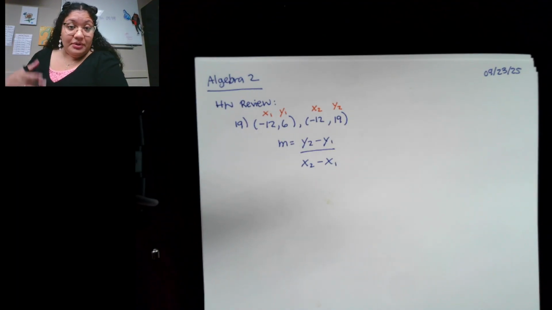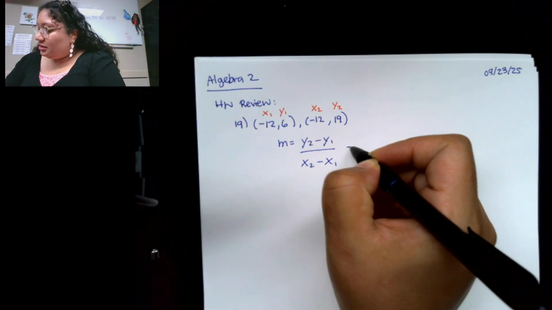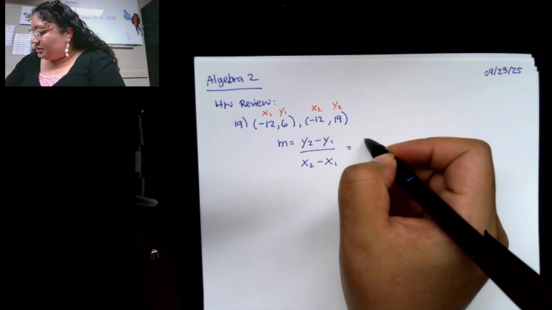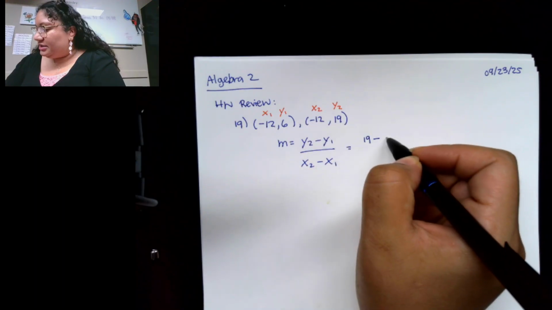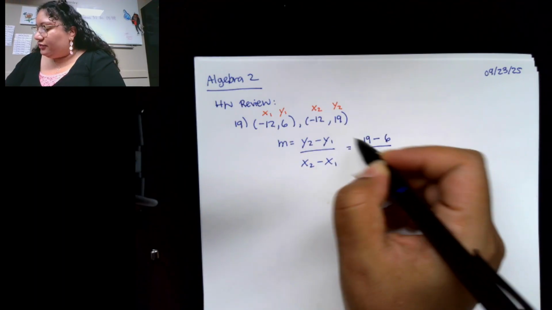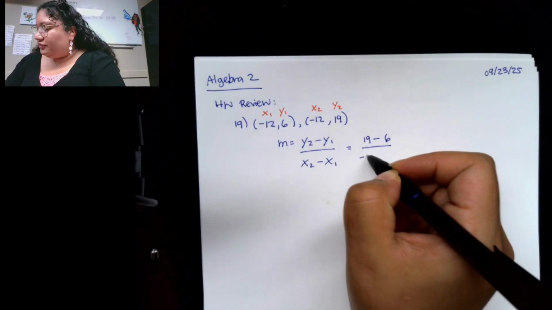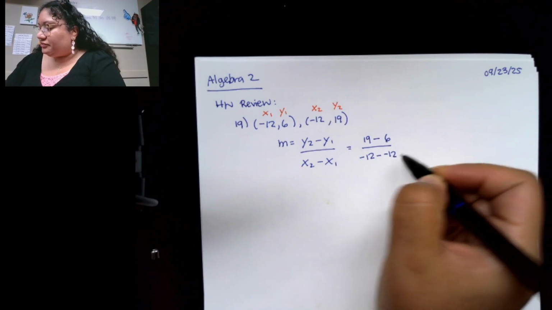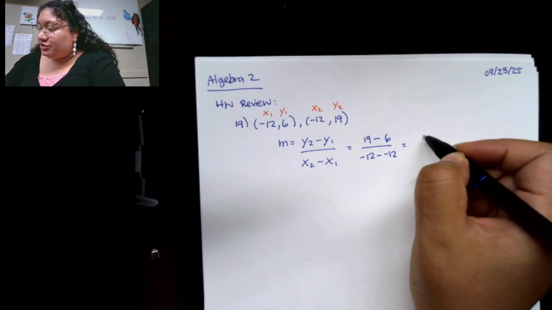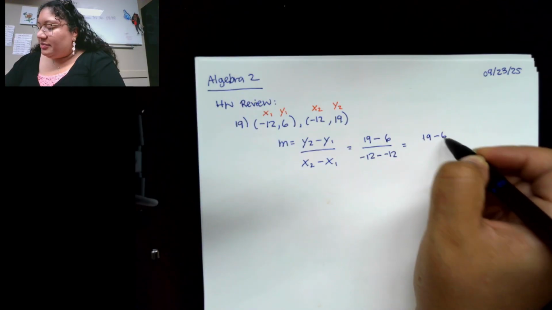Awesome. From here, let's just plug in. So y2 is 19. y1 is 6. So 19 minus 6 over, we got negative 12 for x2 minus negative 12. What did two negatives do to one another? They become a positive.